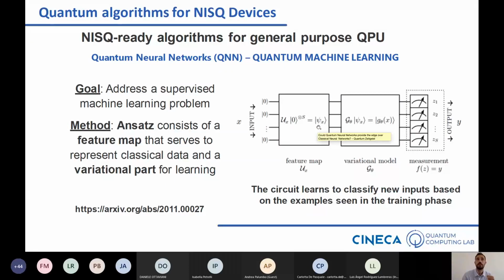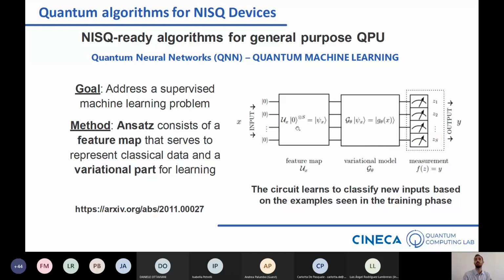It has to do this in a way that uses entanglement. Basically, you are mapping your classical vector into the Hilbert space of quantum states, a much larger Hilbert space, where you then train the neural network with the variational part to classify.